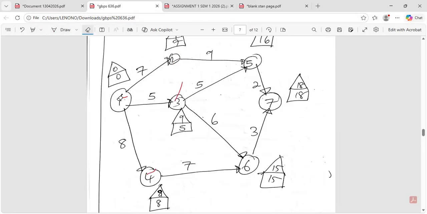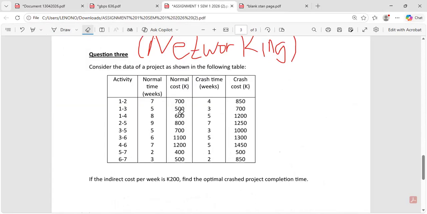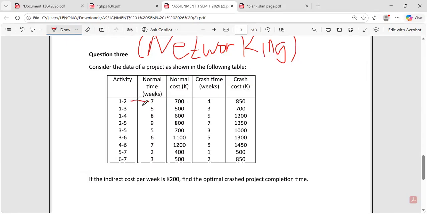So this is what we have. Then 1 to 2, the duration is 7. These are the durations. The normal time, 5 and 8, just put there.